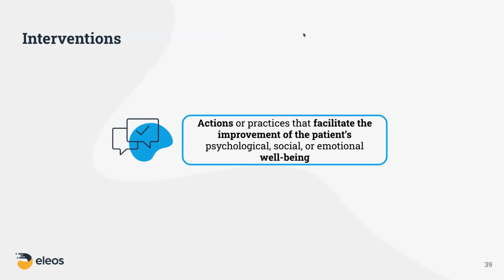And what are the actions that a therapist can do during a therapy session? It's mostly speech. So in our context, interventions means more specifically ways of phrasing and ways of speaking that will guide the patient towards improvement.